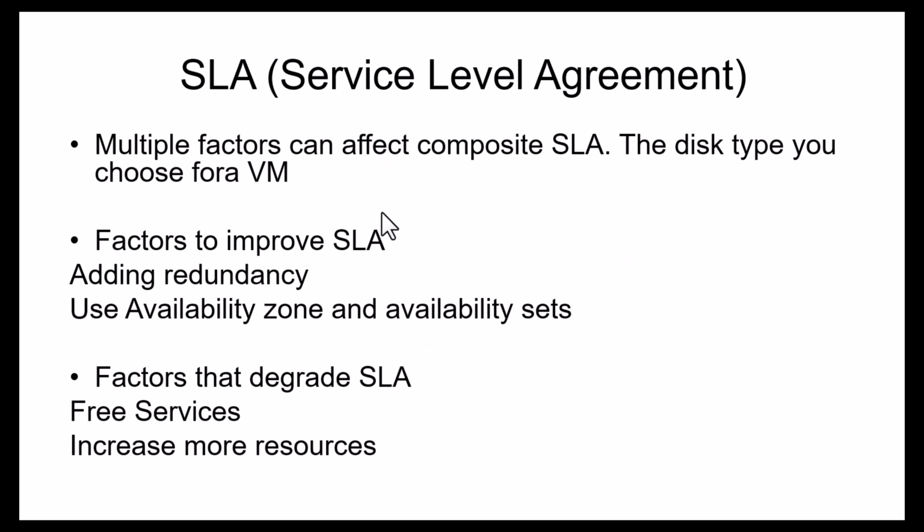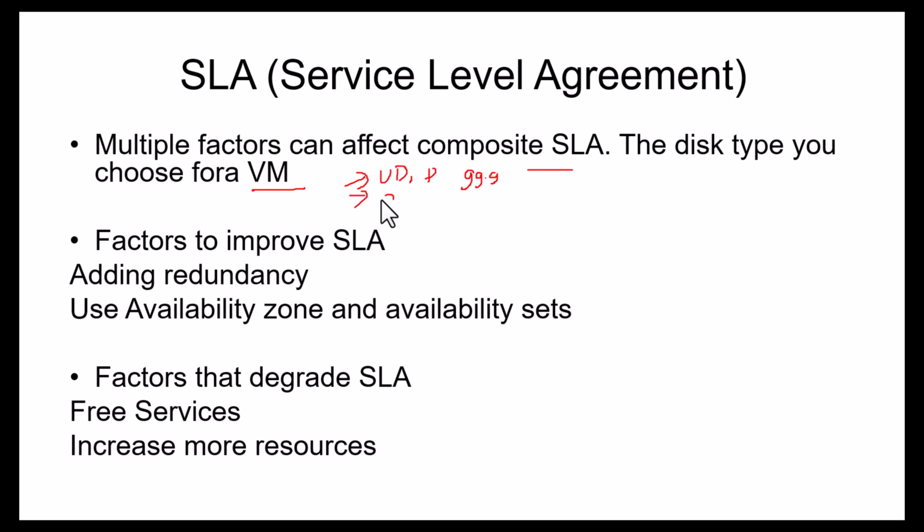There are multiple factors which generally affect your SLA. For example, if you deploy a virtual machine and you are using the ultra disk or the premium SSDs, your SLA will be something different. Generally it's a 99.9 percent SLA when you deploy a virtual machine using the ultra disk or premium SSD higher tier disk.